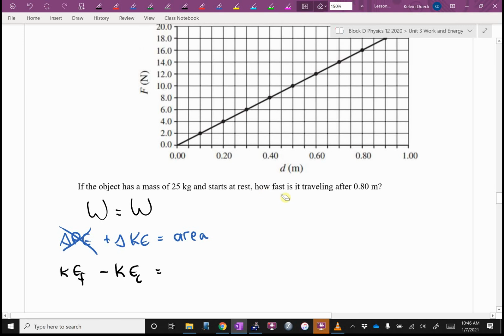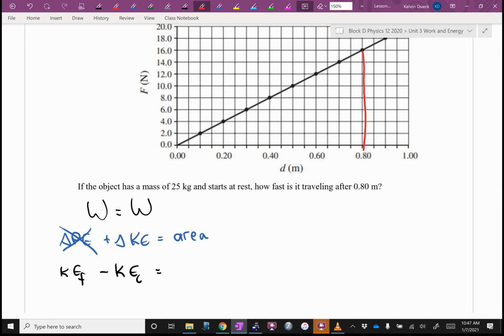Start with the word how. How fast it's traveling after 0.8. After what? On our graph, let's draw a little vertical line right there. Sorry for picking on you, but we've got to work our way through this.